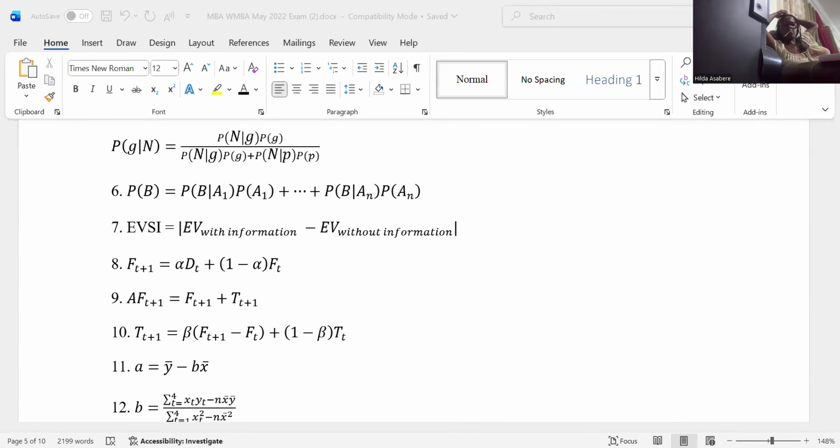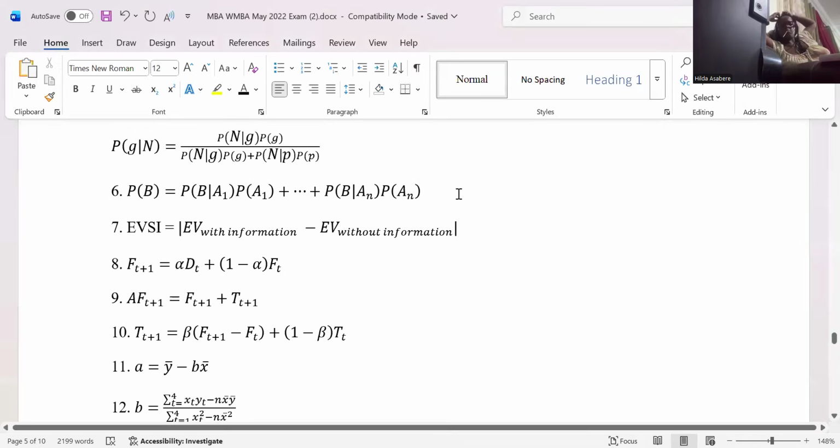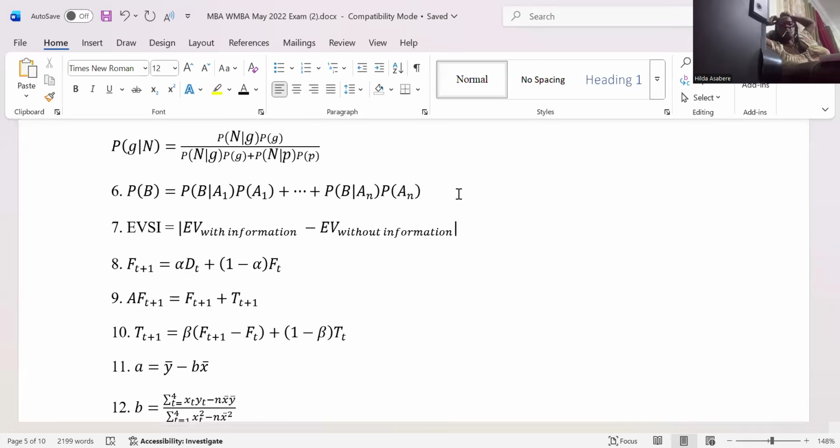And then 1 minus alpha is the dampening factor. And then the FT is the previously determined forecast. I'm just giving you this. You should be writing them, because the more you write them, there's an information symmetry between your fingers.